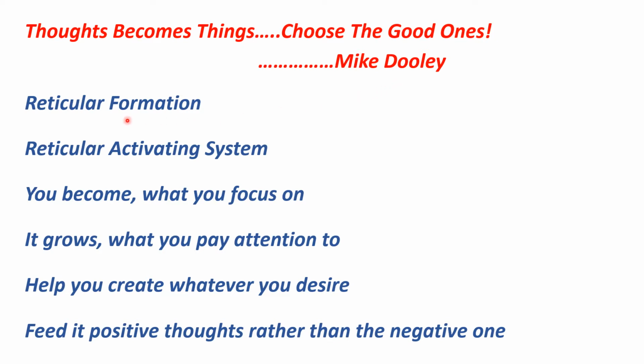reticular formation. Reticular formation is a very important component of your brain, of your central nervous system. It has multiple roles to play, like your tone. We studied the stretch reflex, we studied the different reflexes. So it has a part to play in the maintenance of tone. Different postural reflexes, so modulating the functions of those gamma neurons, alpha neurons.